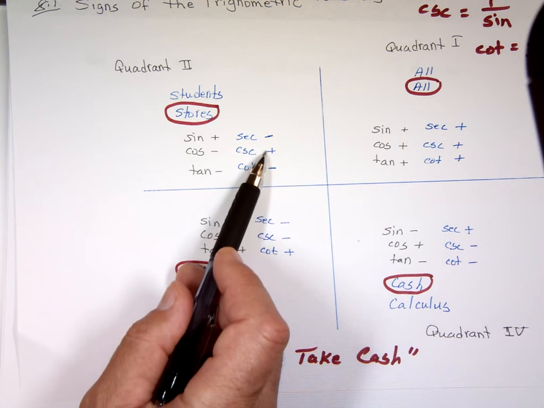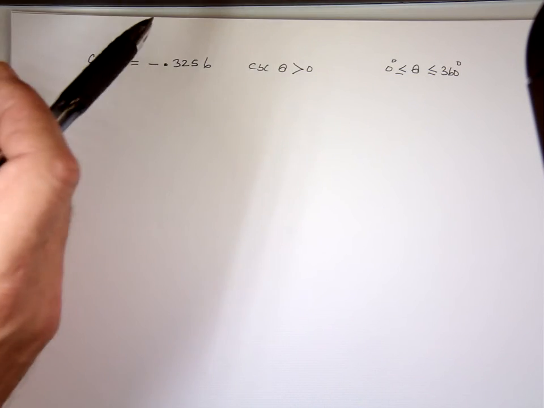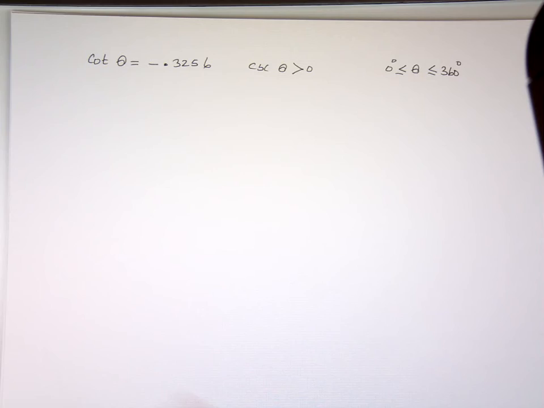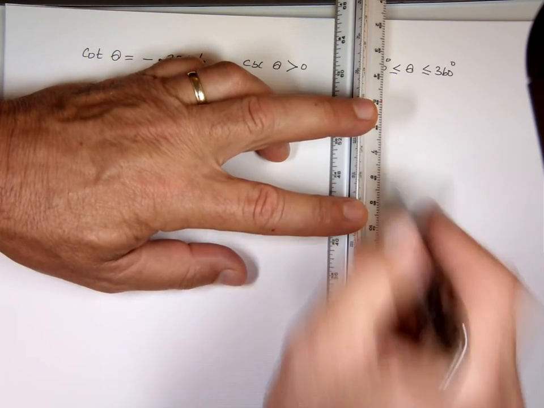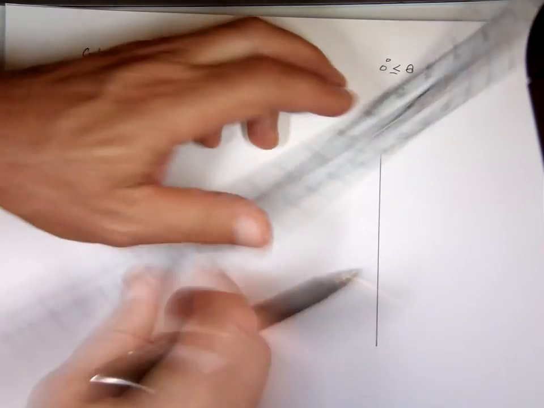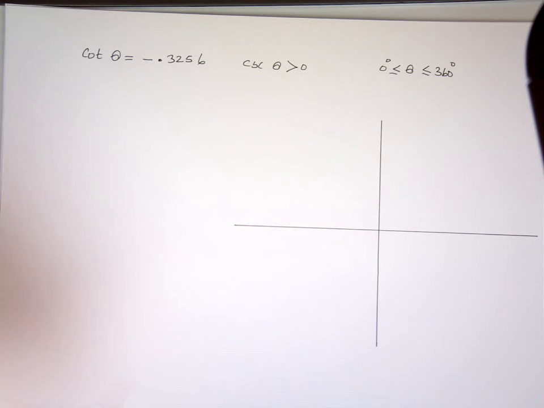That's the only quadrant. So which quadrant are we going to be in? Quadrant 2. I'm only interested in the solution in quadrant 2, and the calculator is going to give me something somewhere else.